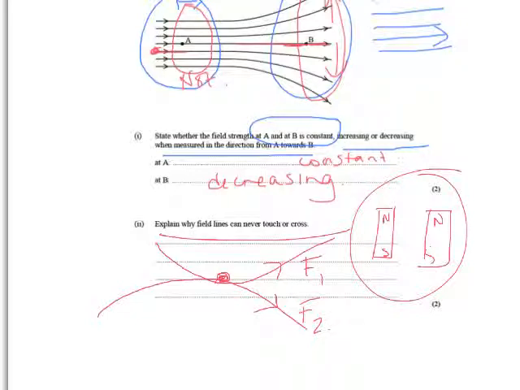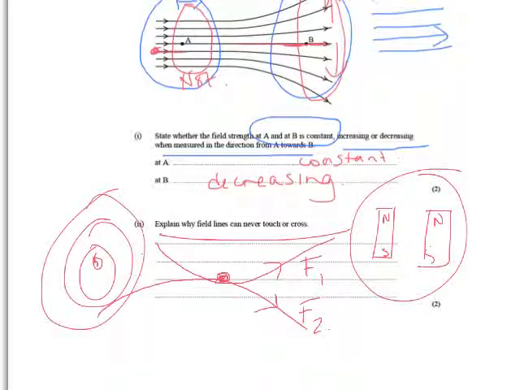But when you just have one magnetic field, you only have one set of field lines, and the objects that are influenced by it only ever experience one force. So the correct answer is because then the object that experiences the force would be pulled in two different directions, and this doesn't happen.